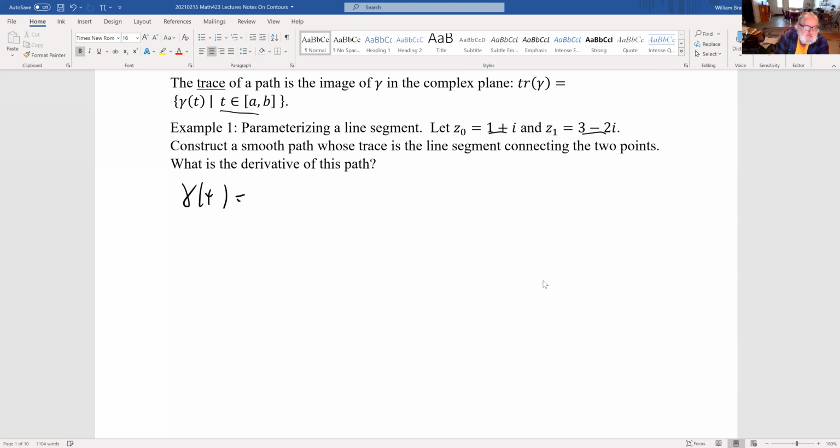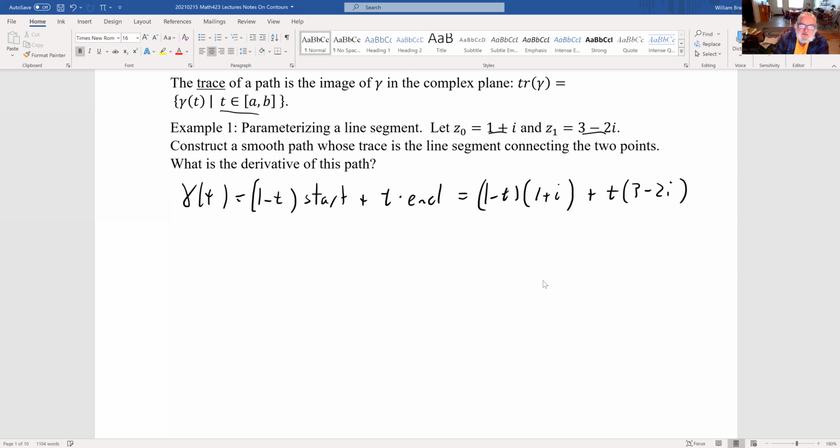The usual rule of thumb is to parameterize line segments like that: start is where you're starting and end is your endpoint. So in this case, we would have 1 minus t times 1 plus i, plus t times 3 minus 2i.